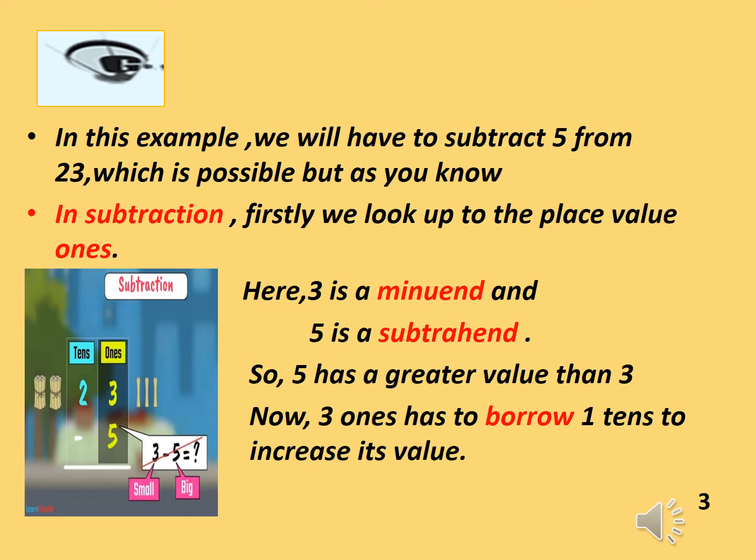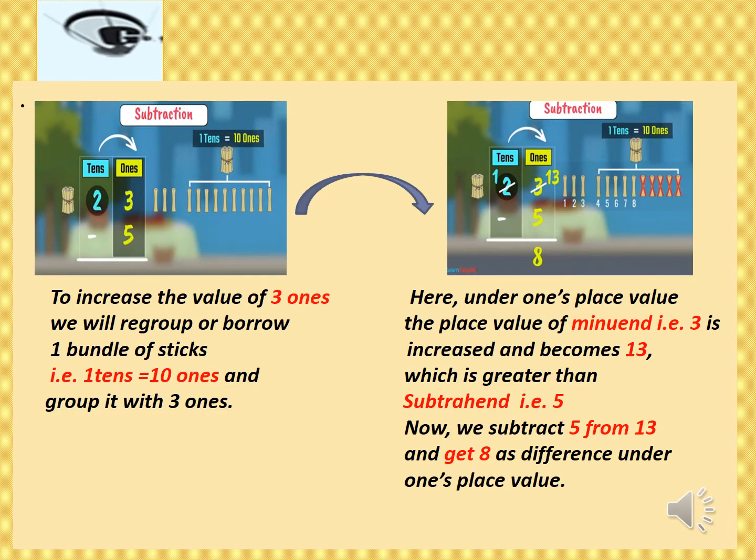Because 5 is greater than 3, now 3 ones has to borrow 1 tens from the next group, that is tens, to increase its value. So kids, after borrowing one bundle of sticks from the tens, we will move it to the ones, where we already have 3 as a minuend, and now we have 1 tens, which you already know is equal to 10 ones.